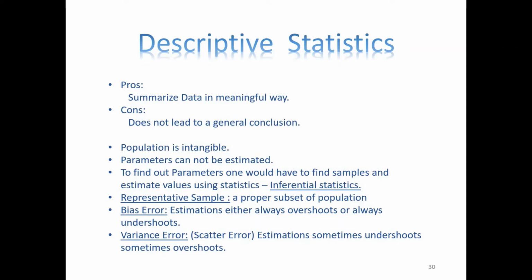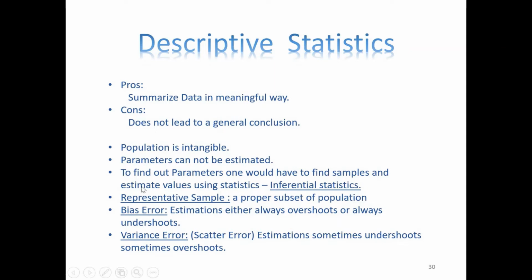If your sample is not representative of your entire population, then the sample statistics you would be using to estimate the population parameters would be completely wrong and will give you incorrect results. So it is always advised to find a proper subset, a good representative of your population, as your sample.